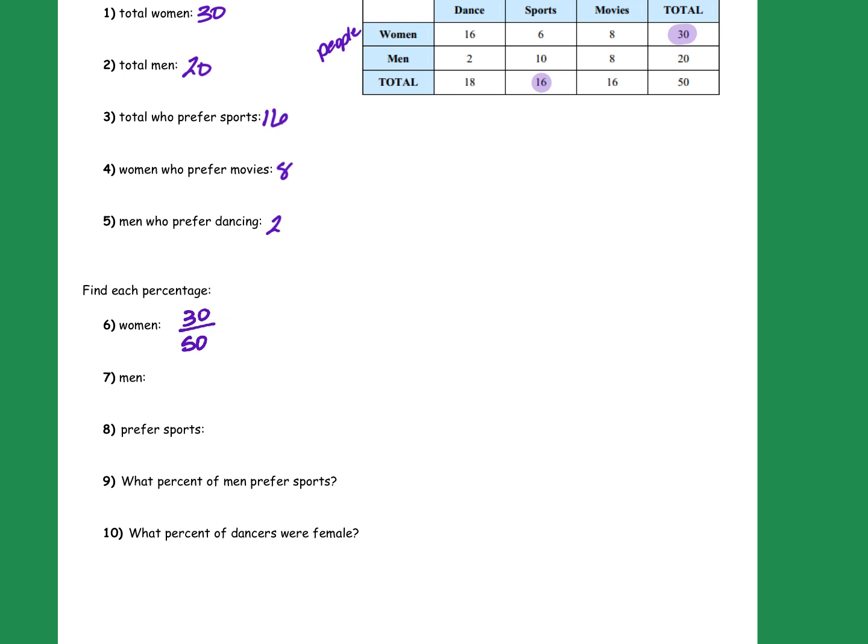In my calculator, I'm going to do 30 divided by 50, which gives me 0.6. So what is 0.6 as a percentage? 6%. No. How many times did you move the decimal? Once. How many times do I need to move it? Twice. So what is my percentage? There you go. Which is 60%.